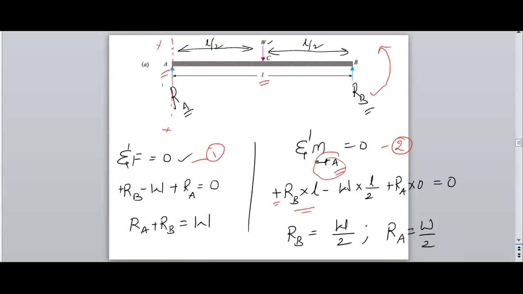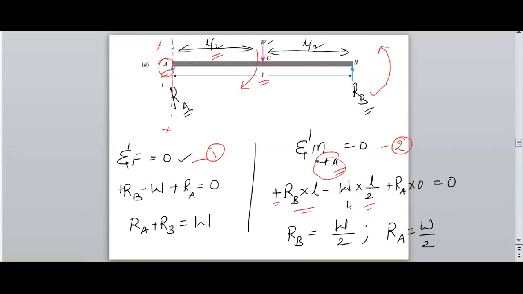The next force is W, and its distance from A is L by 2. Due to this force, the moment is in the clockwise direction.